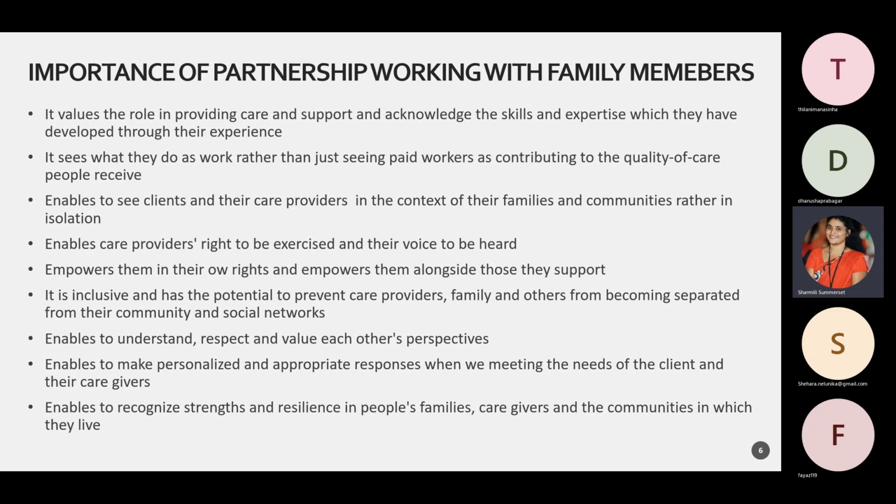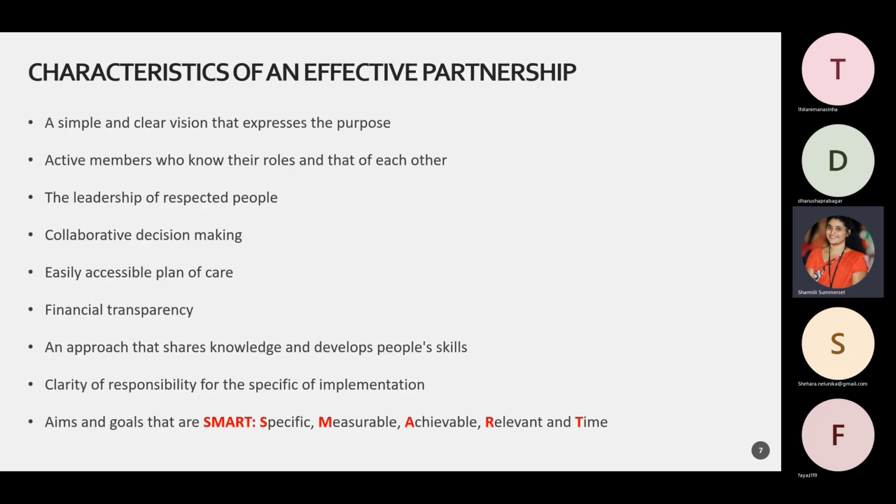And also we can recognize the strength, flexibility and abilities in people's families and caregivers, whether they can be flexible in patient care, and whether they can improve the quality of survival rate of the care receivers as well. So how can we achieve all these things? With collaborative work only. So this is regarding the importance of partnership working with the family members.